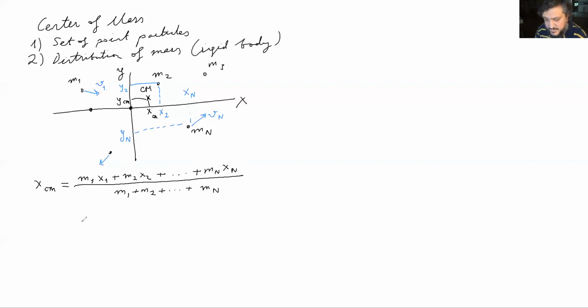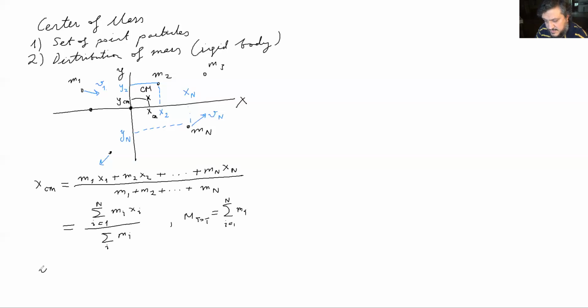Okay. If you prefer a more compact notation, use the sigma summation from i equals 1 to n of mi xi over the total mass. So m total is this sum, i from 1 to n, of mi.